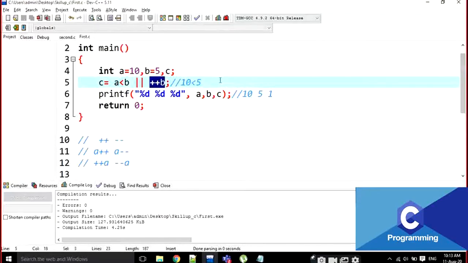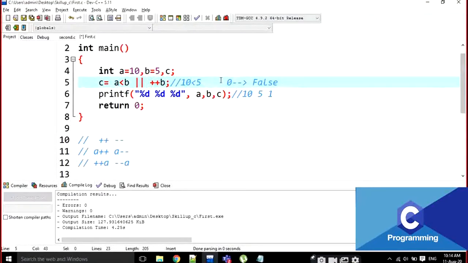Write one more statement that is very important. In the C programming language, 0 refers to false. Any value other than 0 represents true.